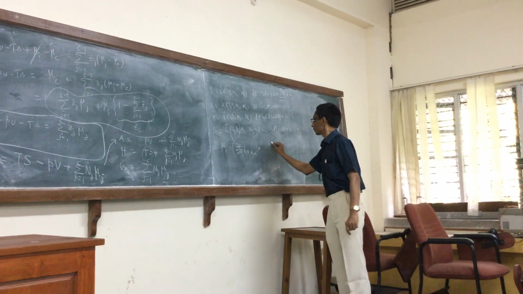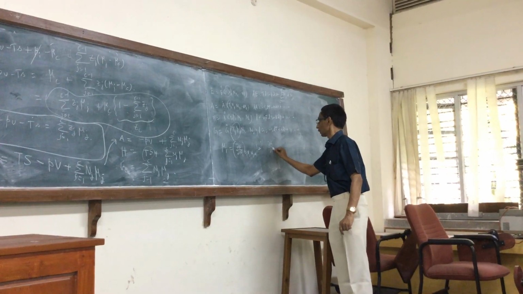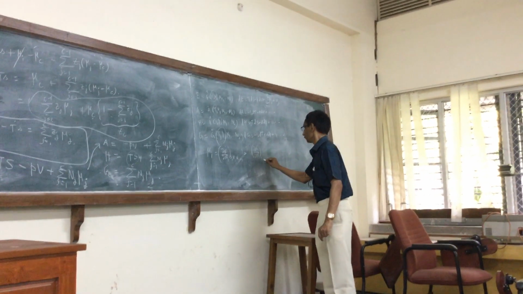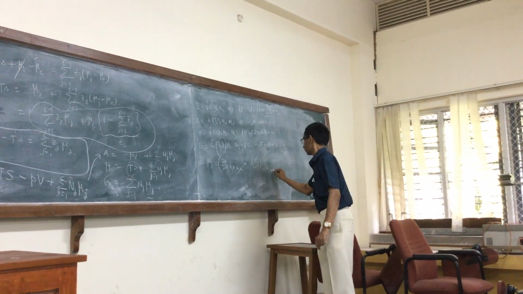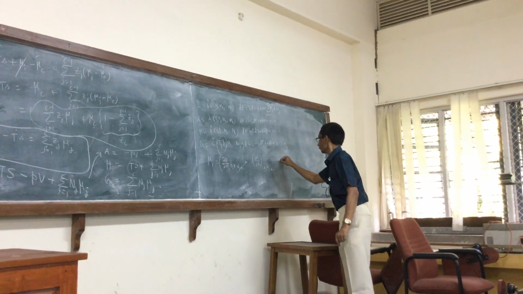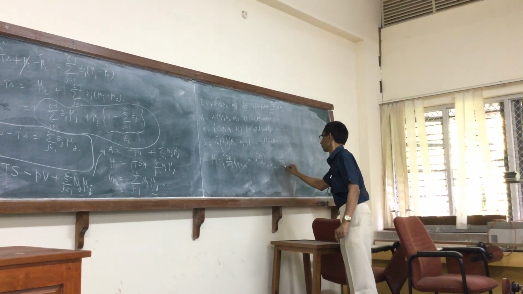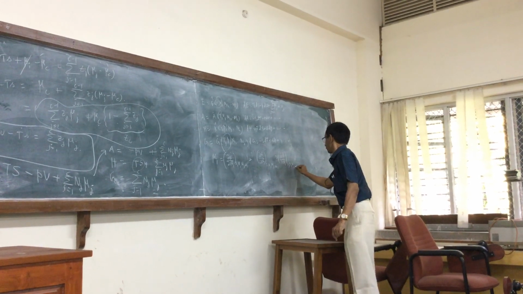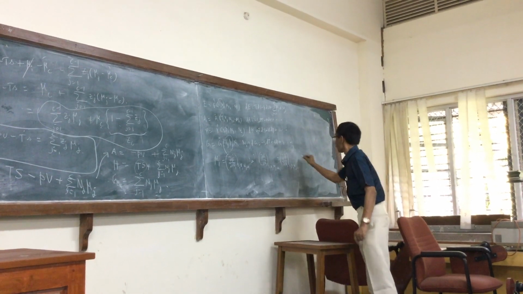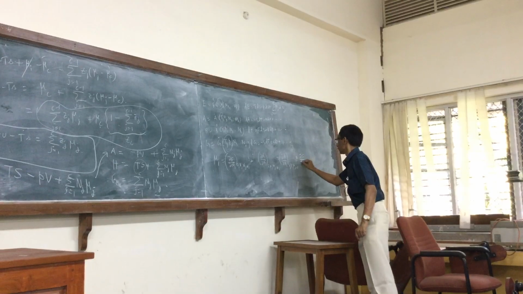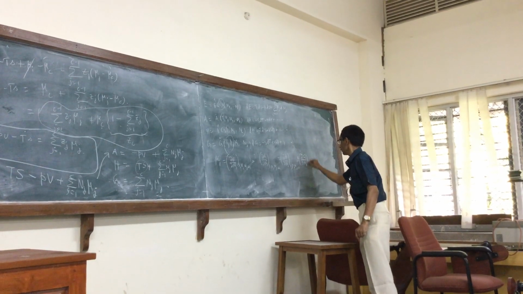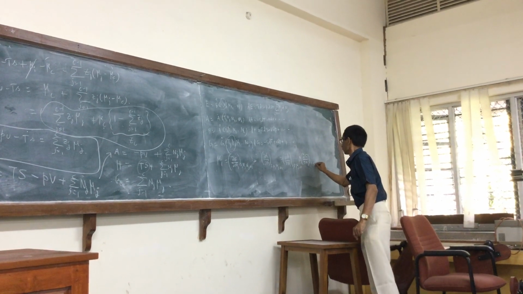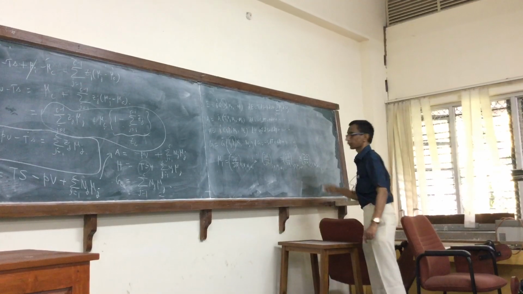Also equal to dA by dNi at constant T, V, and Nj not equal to i. Also equal to dH by dNi, also equal to dG by dNi at constant T, P, and Nj not equal to i.